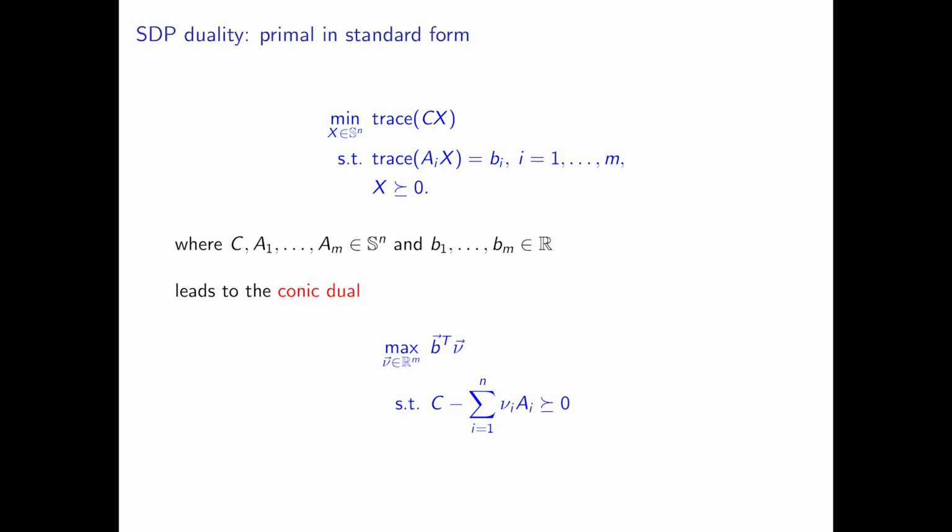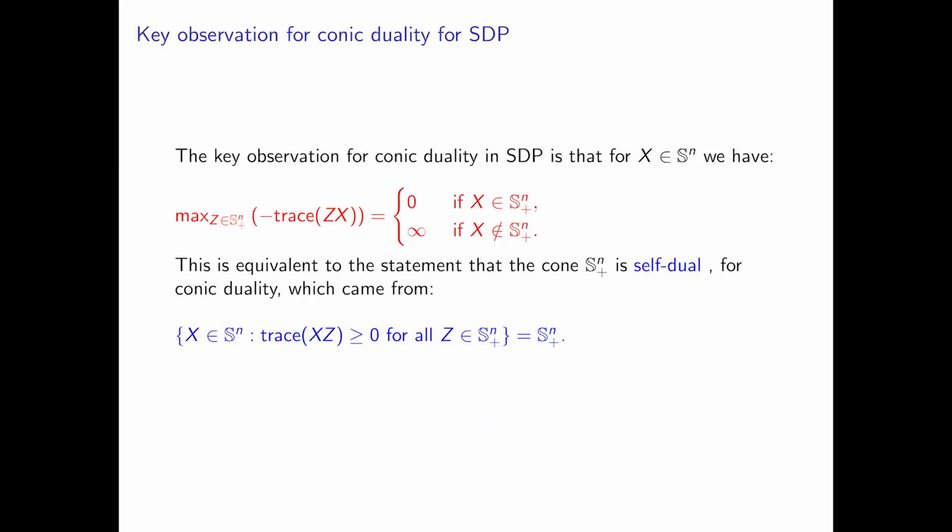So let's see how that works with conic duality. The key observation here is the fact that the cone of positive semi-definite matrices is self-dual. That's why I spent some time discussing that at the beginning.